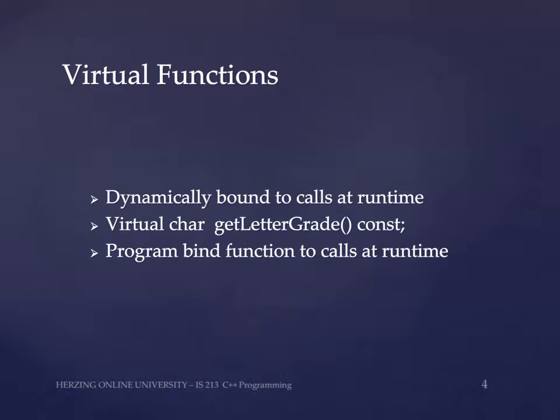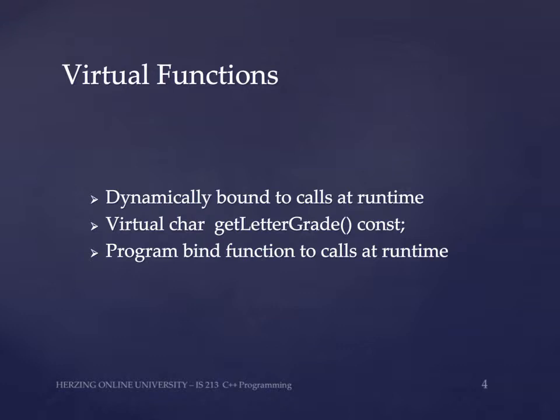A virtual function is dynamically bound to calls at runtime. At runtime, C++ determines the type of object making the call and binds the function to the appropriate version of the function. To make a function virtual, just like we mentioned before, place the virtual keyword before the return type in the base class's declaration.